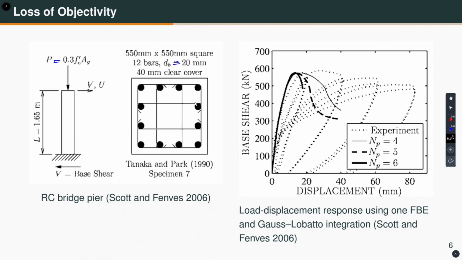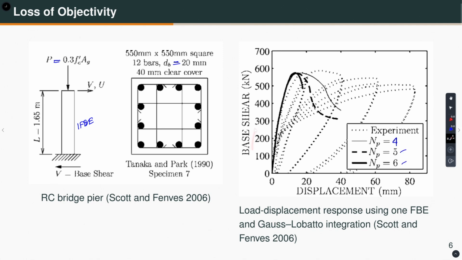But what I want to focus on is that they have used one force based element, okay. So, one FBE, right, and then they have changed the number of integration points that they considered along the length of the element, and they considered Gauss-Radau because it has an integration point at the end, okay. So, they have considered Gauss-Radau integration number of integration point 4, 5 and 6.